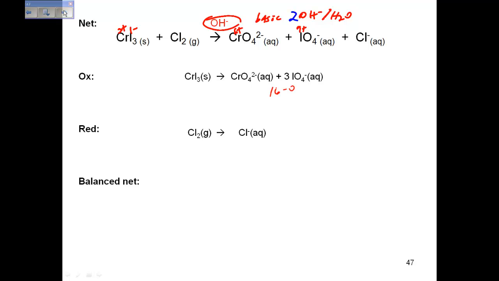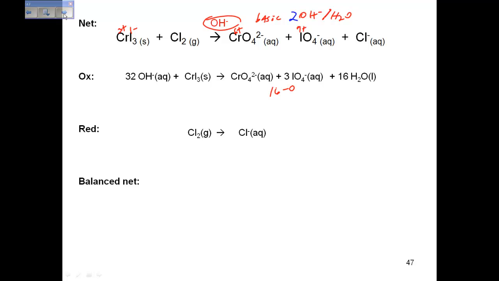I'm going to double that, and add half as many waters to the other side. So I add 32 OH minuses and 16 waters. That way my hydrogens will stay balanced and my oxygens will be balanced. So I'm taking into account that I know it's going to happen, so I'm doing it already. Now you can go the other way if you want, back and forth, and it may take you several times, but you eventually will get to 32 and 16.